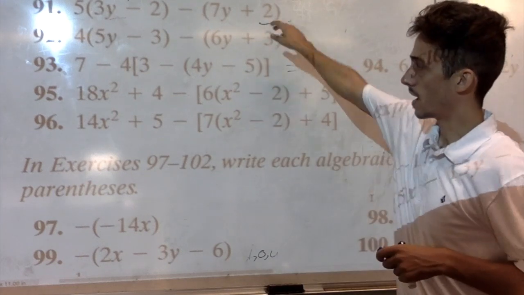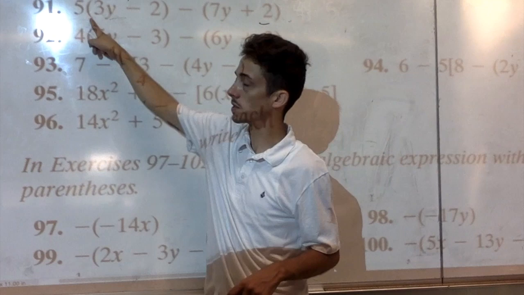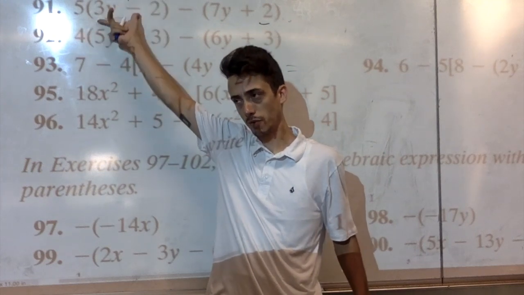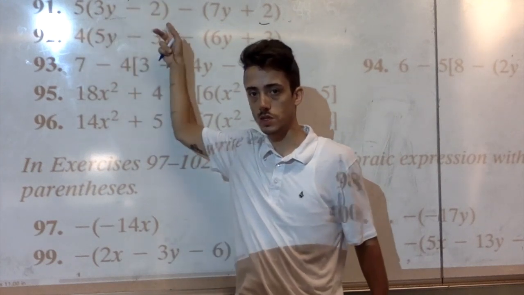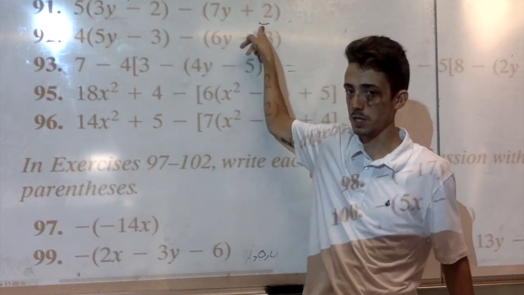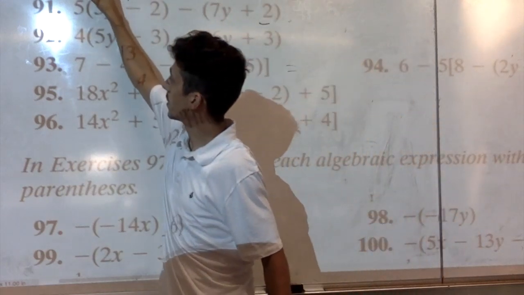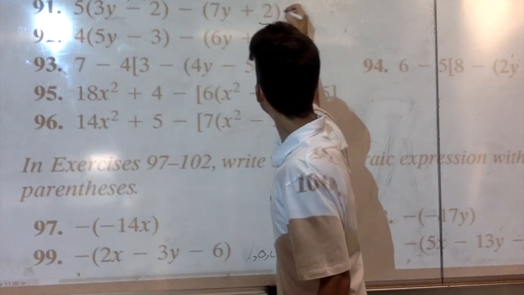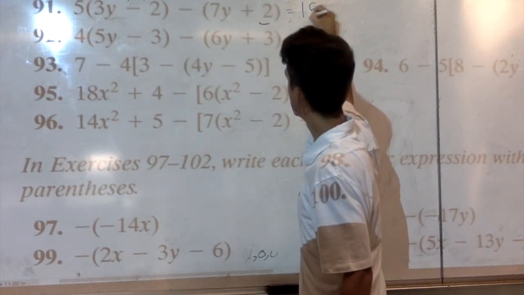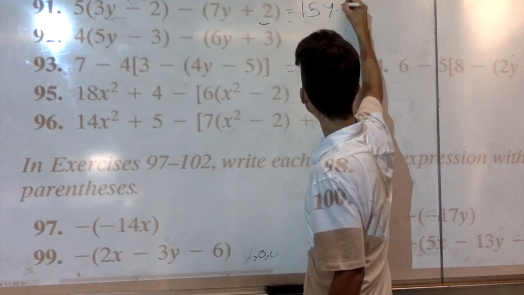So with 91, we have 5 multiplying with the difference of 3y minus 2. We're then deducting 7y plus 2. So I know 5's out here, so let's distribute this. That gets us 15y minus 10.